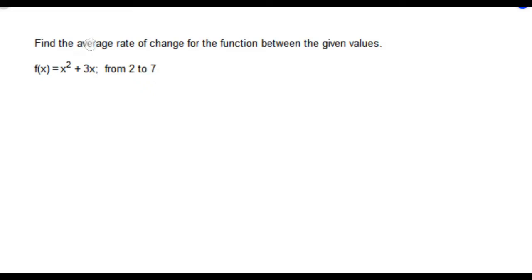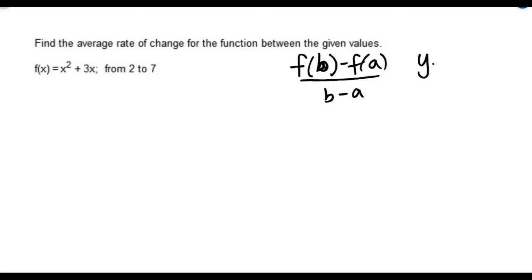Now the formula for average rate of change is very similar to the slope formula for a line. The average rate of change formula is f of b minus f of a over b minus a. The slope formula is y2 minus y1 over x2 minus x1.